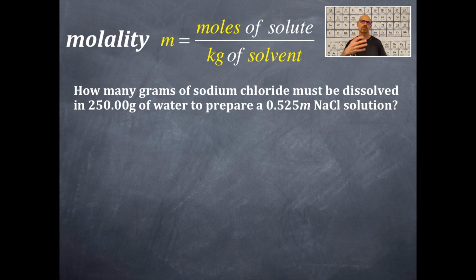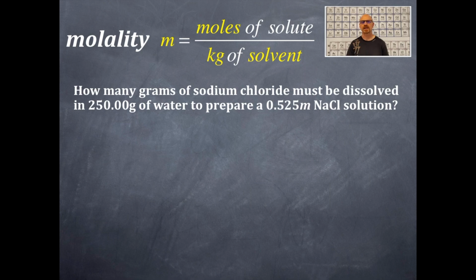So we're going to plug directly into this equation here. That is molality, which I know from the problem is 0.525 molal. And I know the mass of water, but I'm going to convert that 250.00 grams of water into kilograms. So I'm going to divide that 250.00 by 1,000.